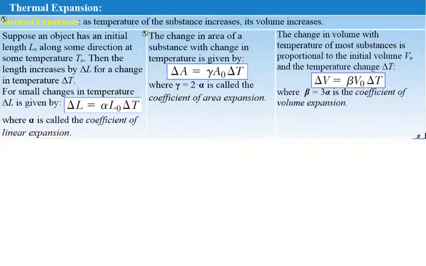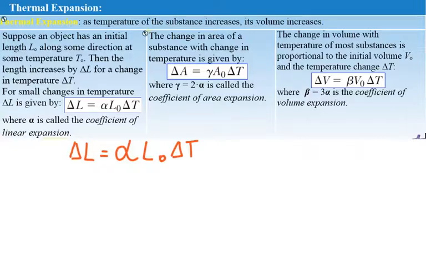So delta L is equal to alpha times the initial length times the change of the temperature. And alpha is the coefficient of linear expansion. If you want to calculate the volume change and the area change, you have to change the formula a little bit.